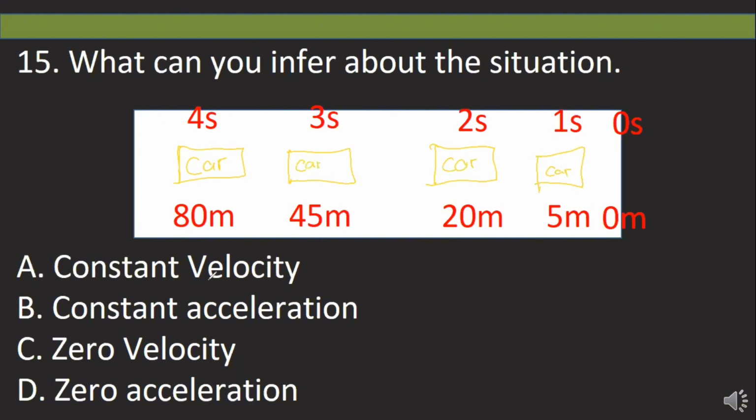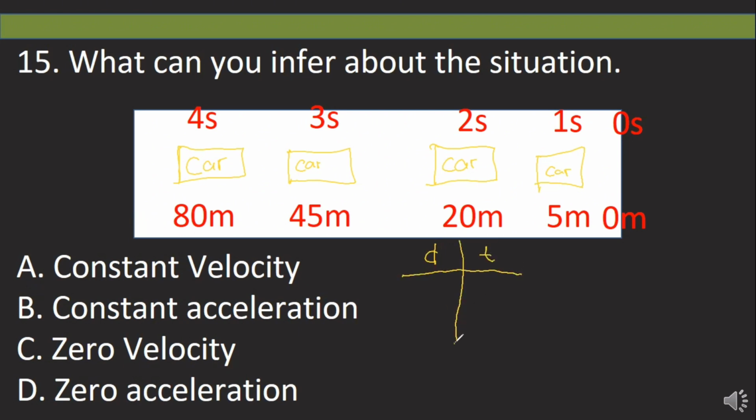In order to identify the correct answer here, we need to identify first the given. So we have here a given distance the car travels, and the time. So let's write it in a table. We have here a given distance and a given time.